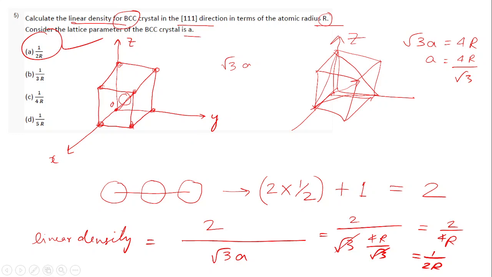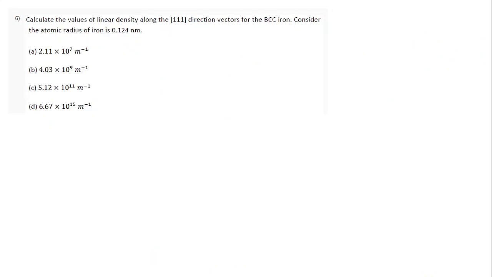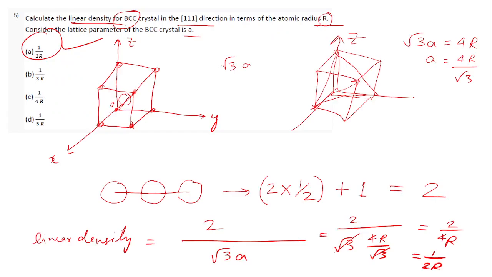Okay. Next question. Calculate the value of linear density along 1, 1, 1 direction vector for BCC, which is iron. Okay, so just now we did the same thing. So we'll use this linear density relation directly from here because this was also for 1, 1, 1 and which was a BCC crystal.